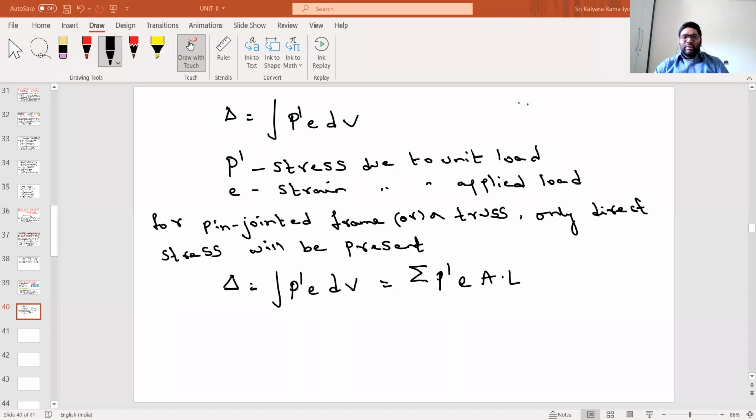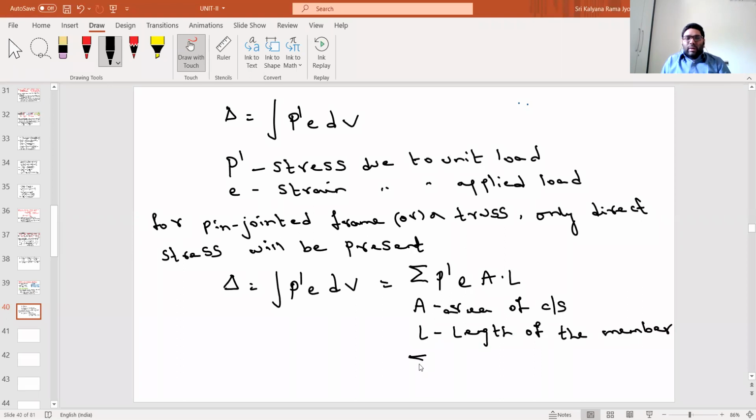Now what is P dash? Stress is equal to load by area. Here A is the area of cross section and L is the length of the member. Sigma means summation of all members, or we can say for all the members.